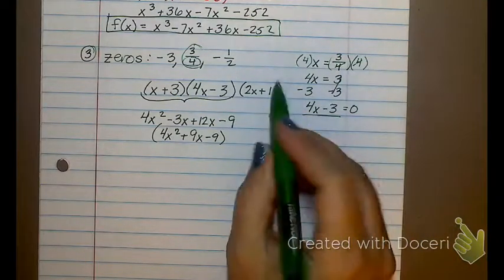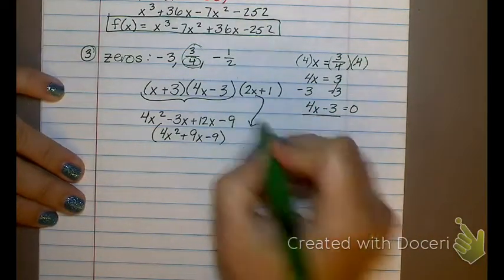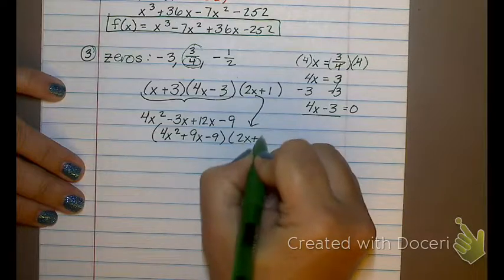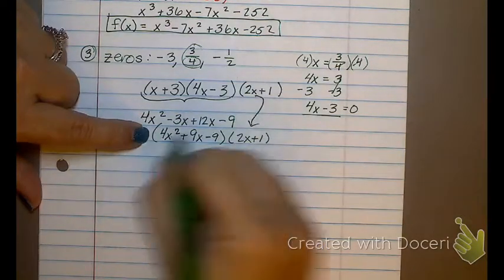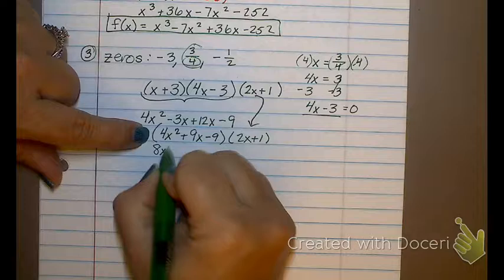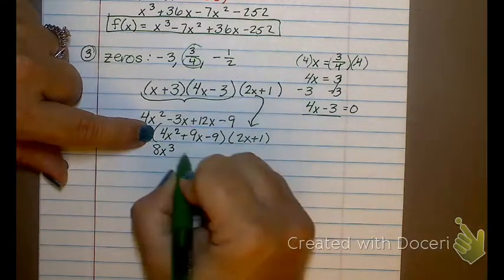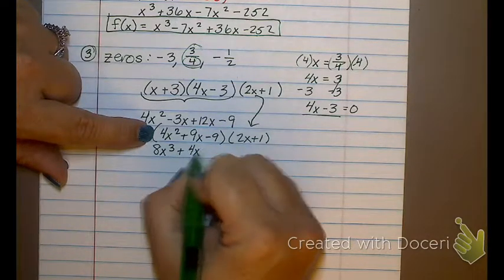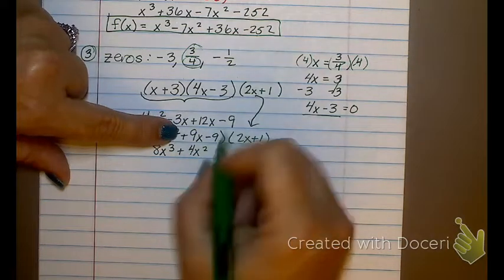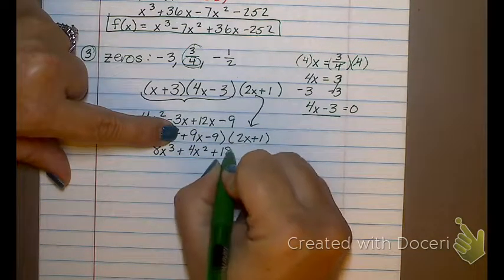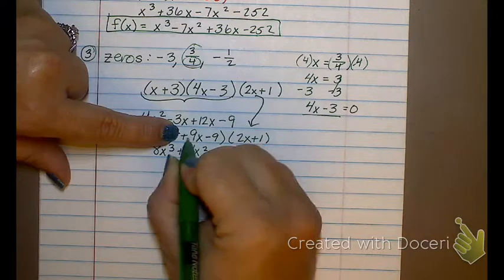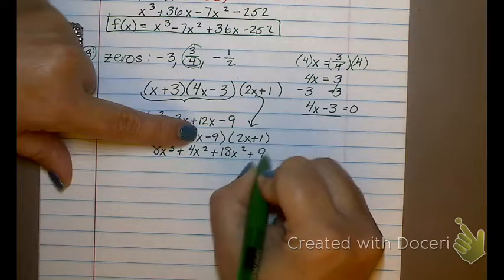And now I'm going to take that and multiply it by 2x plus 1. So 4x squared times 2x is 8x cubed. 4x squared times 1 is 4x squared. 9x times 2x is 18x squared. 9x times 1 is 9x.